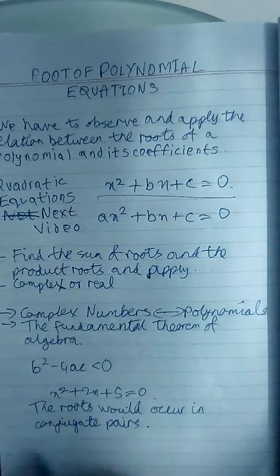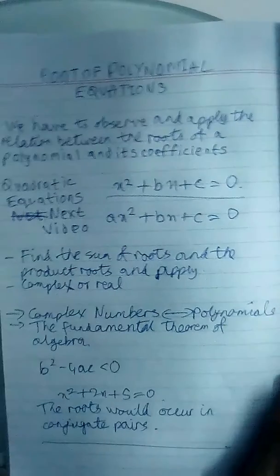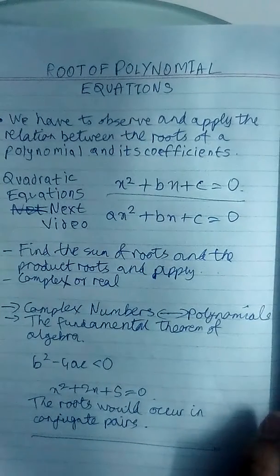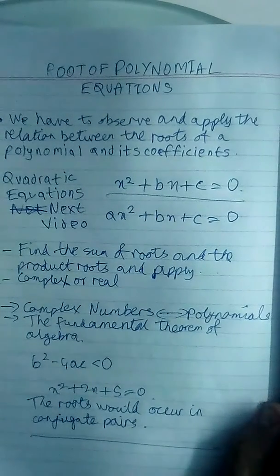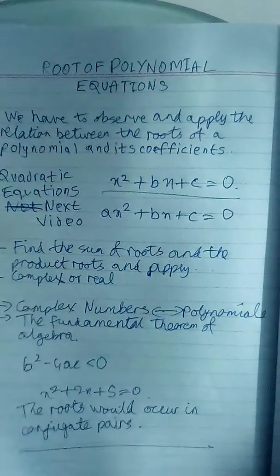Now we would be applying this concept later in this lecture. For the time being, it is clear to observe the previous concepts learned in A-level maths and in O-level additional maths. Now towards the topic.